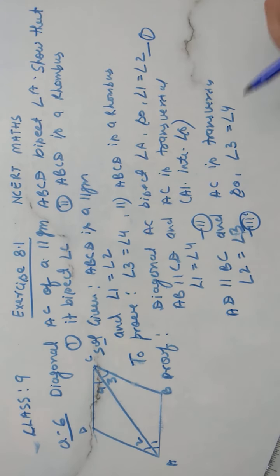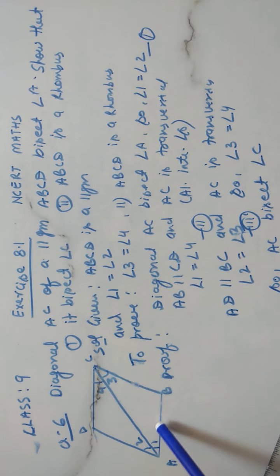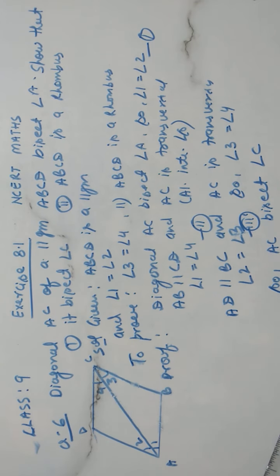Once 3 is equal to 4, then you can say that AC bisects angle C. I am repeating this again for you: 1 is equal to 2, we know it very well. Now from here 2 is equal to 3 and 1 is equal to 4. So you can say that 3 is equal to 4. How?